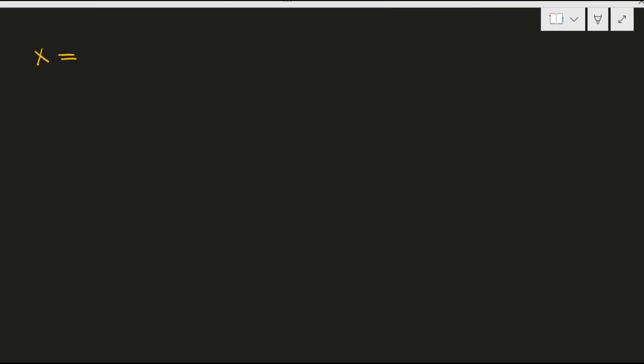Let me take one example. Suppose we have the data points 11, 12, 13, 14, 15, 16, 15, 16, 17, 18, 19, 19, and 20. Now there is a concept called the five number summary.